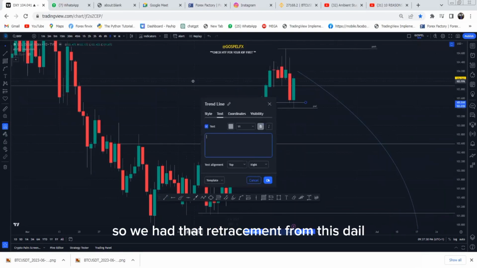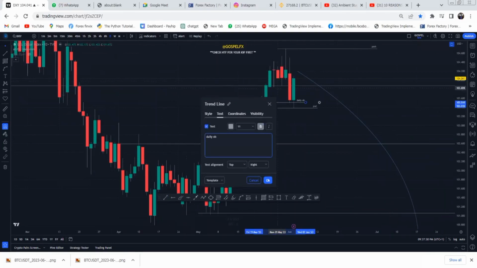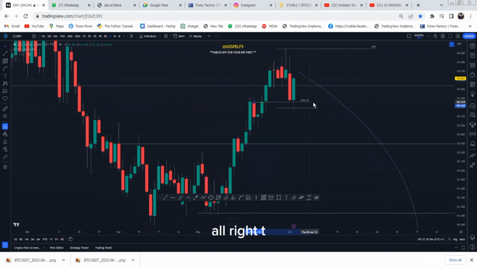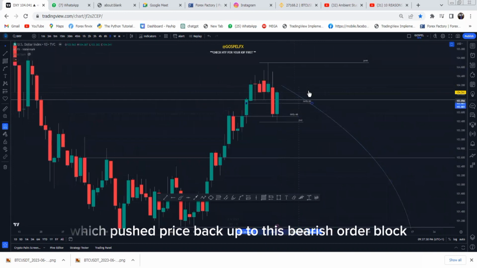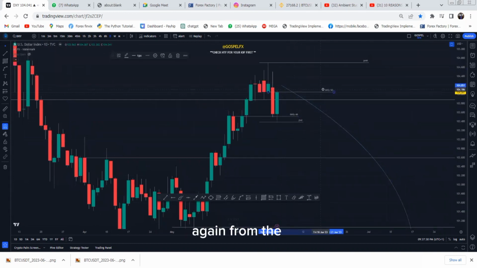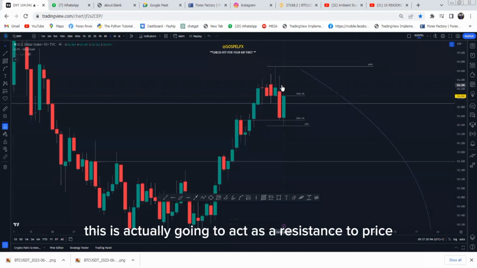So we had that retracement from this daily OB. That retracement came in from the daily order block, which pushed price back up to this bearish order block again from the daily chart. So this is actually going to act as a resistance to price.